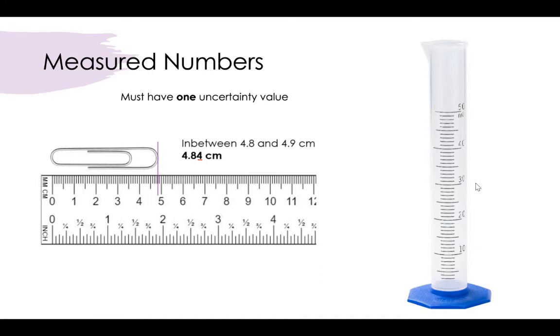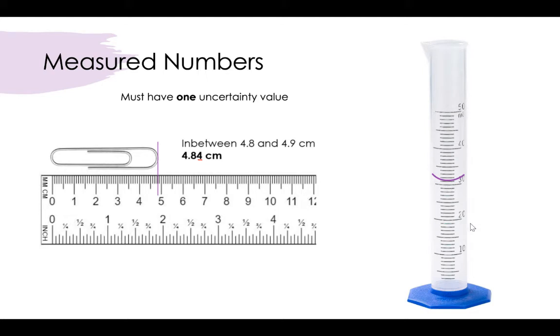So here's a graduated cylinder. If I am measuring a liquid in there, the liquid will have this thing called a meniscus. A meniscus is this U shape, and that just happens when you put a liquid into a graduated cylinder, because the liquid sticks a little bit to the sides of the graduated cylinder. And so you measure from the bottom of the meniscus.